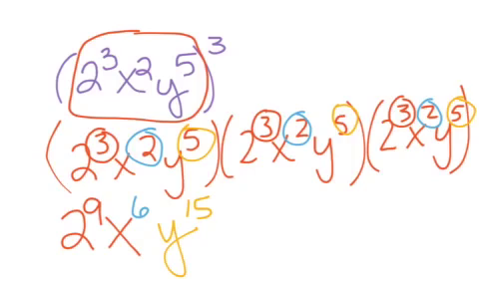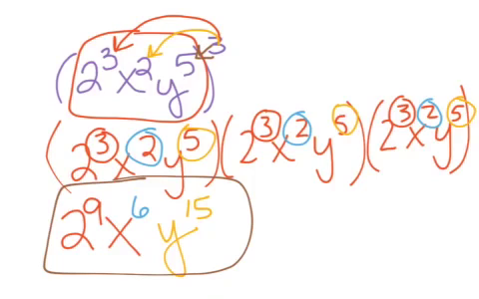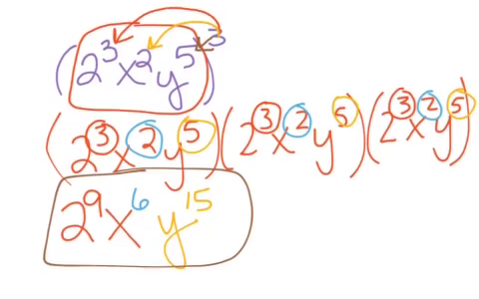Of course, our shortcut would be multiply 3 times 3, 2 to the 9th power. Multiply 3 times 2, x to the 6th power. Multiply 3 times 5, y to the 15th power. And if we had to do it in expanded form, of course, it would look something like this. Write this down.